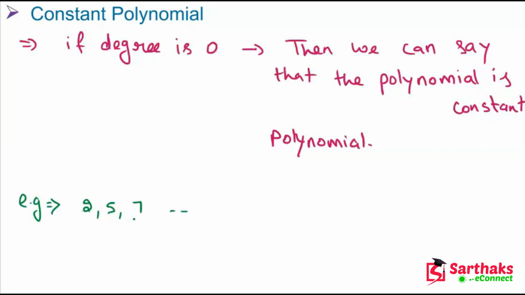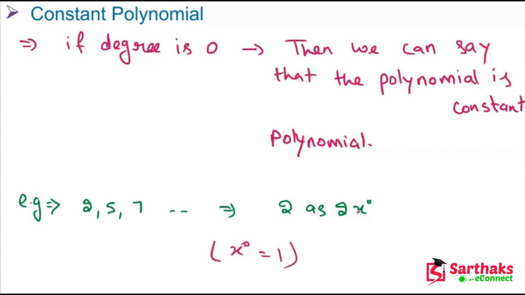Now, my dear friends, we can write 2 as 2 into x raised to power 0. We know that if we apply power 0 to any number or variable, we always get 1.